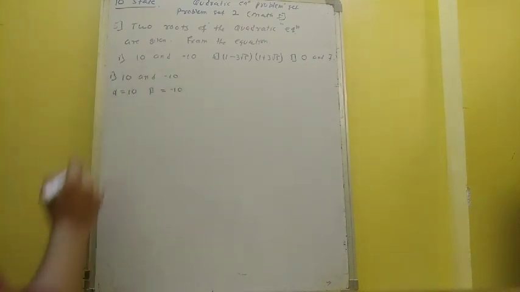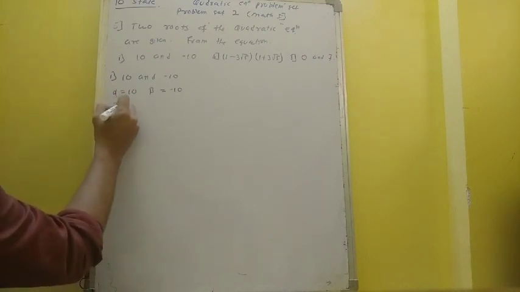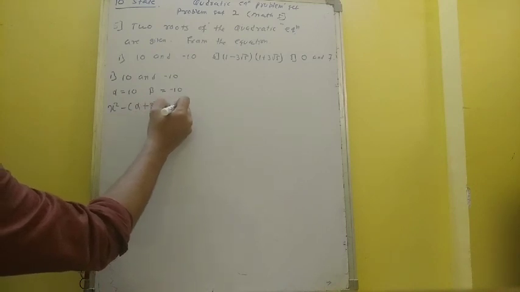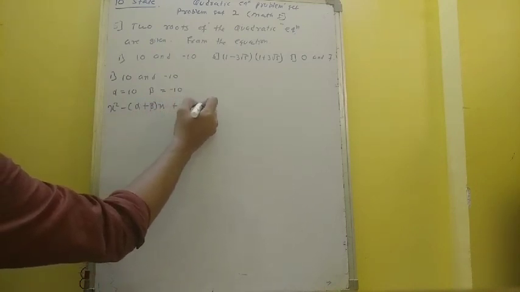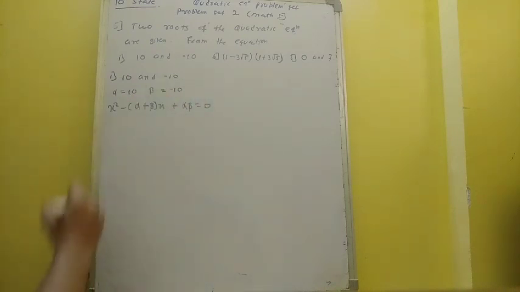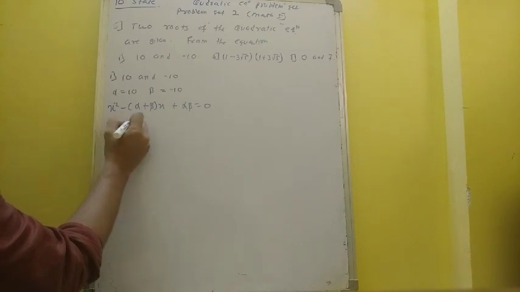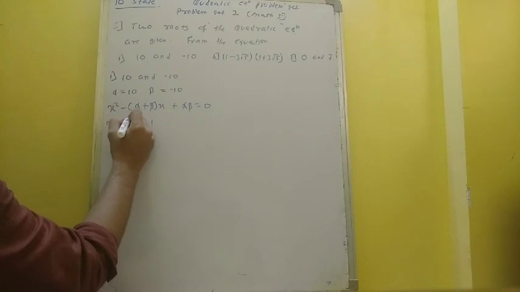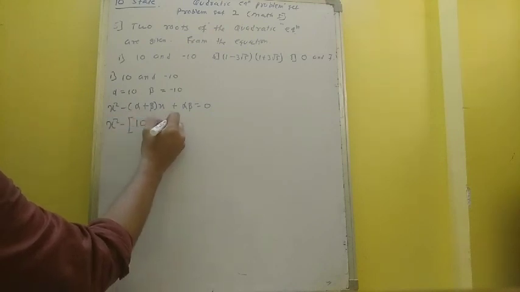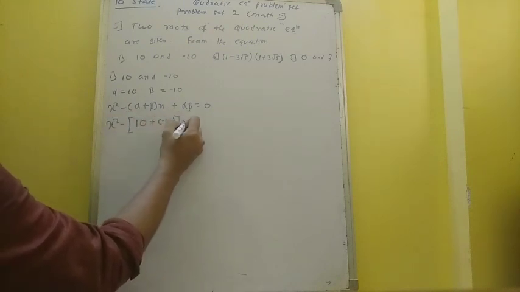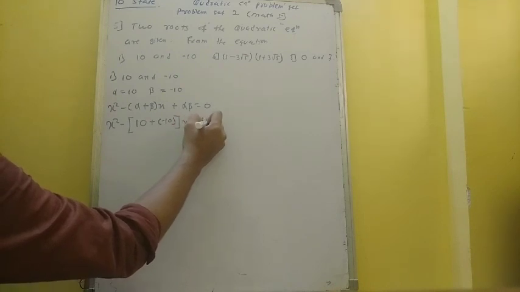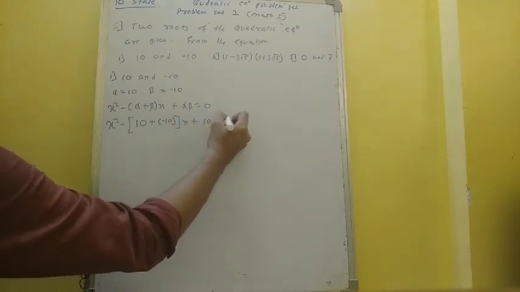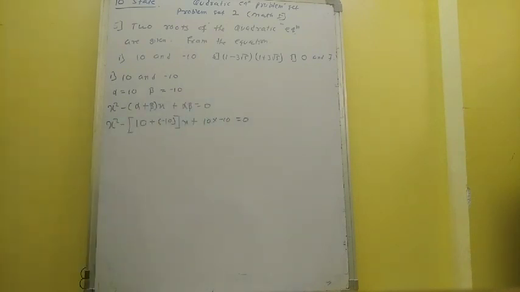So x square minus sum of the roots into x plus product of the roots is equal to 0 will be the quadratic equation. X square minus 10 plus minus 10 x plus alpha into beta, 10 into minus 10 is equal to 0.